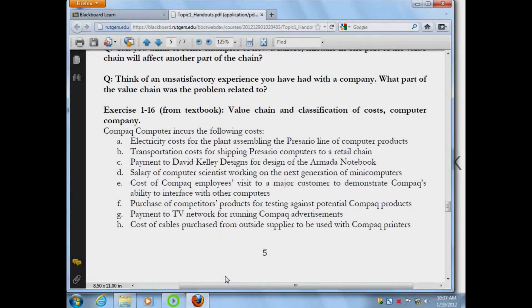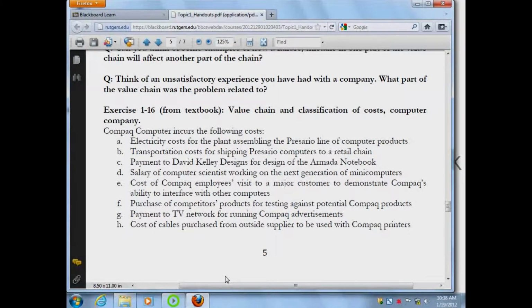The production cost. Production costs are also often referred to as manufacturing costs. You hear me using that term actually more than production costs. You want to make a note: production costs, manufacturing costs, the same thing. Next, transportation costs for shipping Presario computers to a retail chain. So distribution costs. Payment to David Kelly Designs for design of the Armada notebook.